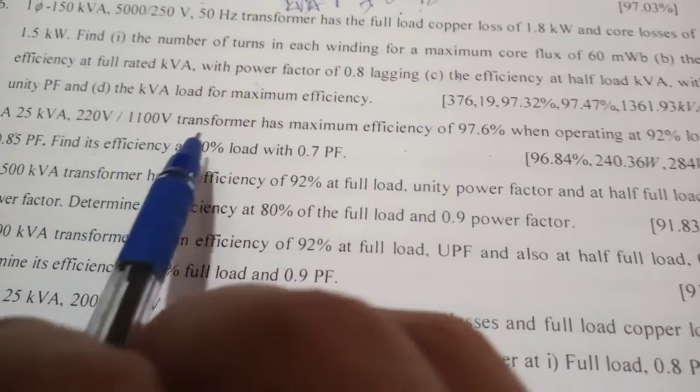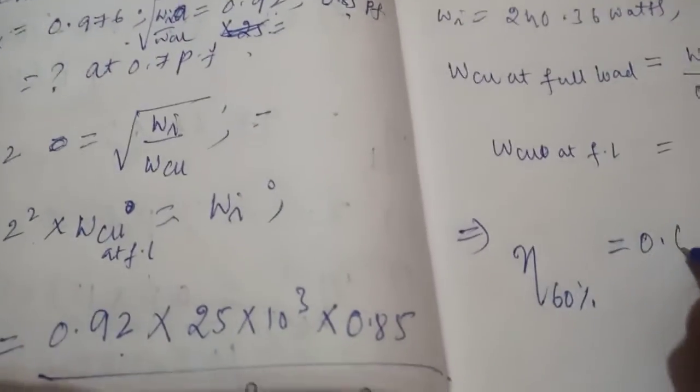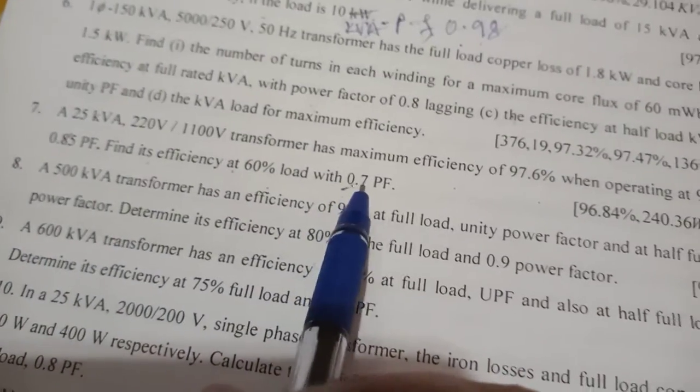Find its efficiency at 60% of load with 0.7 power factor. Now for 60% of load, x is 0.6. x into the full rated kVA, 25 kVA, 25 into 10 to the power of 3 into power factor. At what power factor I have to calculate? 0.7 power factor.